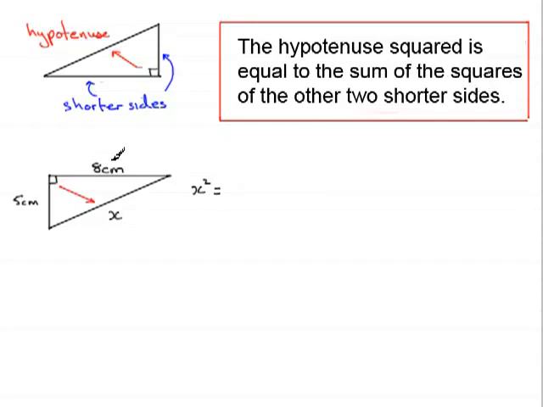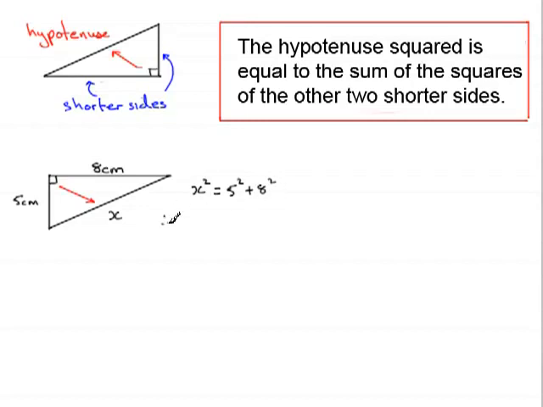So these are the two shorter sides, so I can write 5 squared plus 8 squared. It wouldn't matter if I wrote 8 squared plus 5 squared, it would give me exactly the same result. So all I need to do now to work out x is to solve this equation.